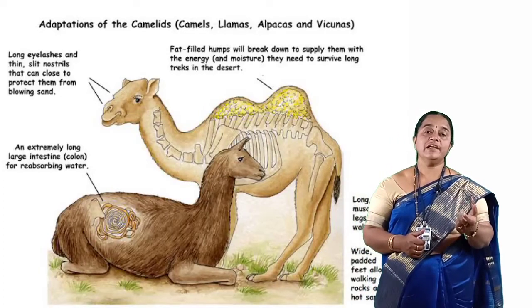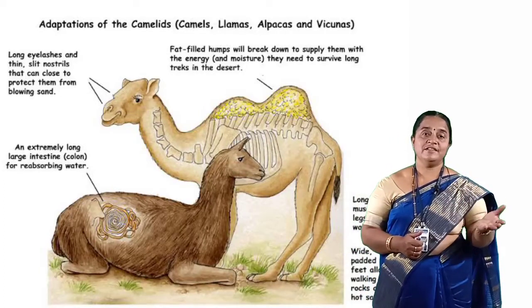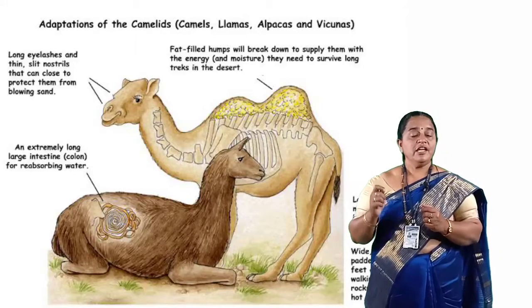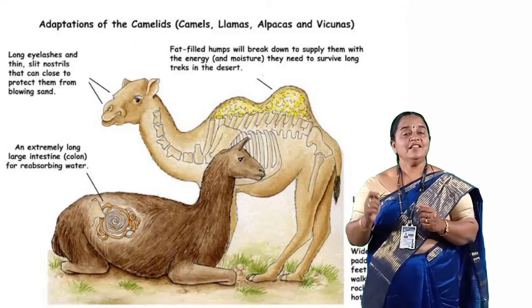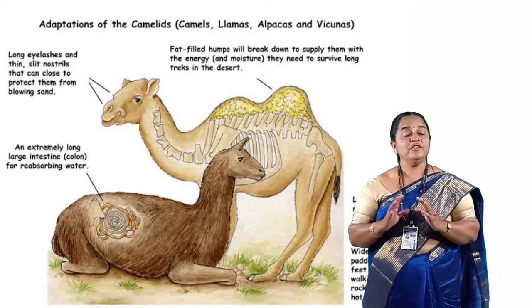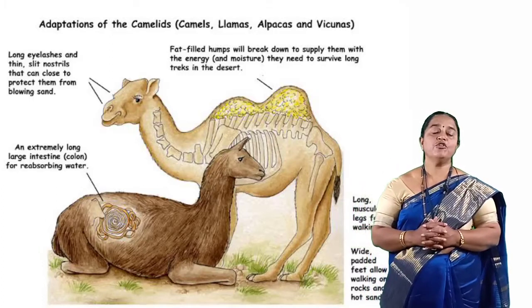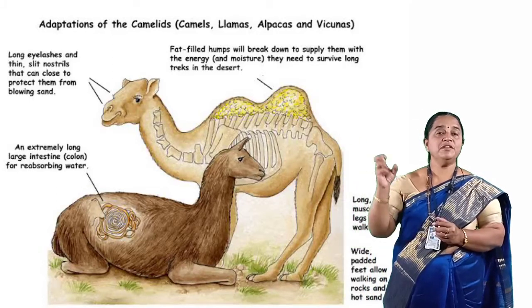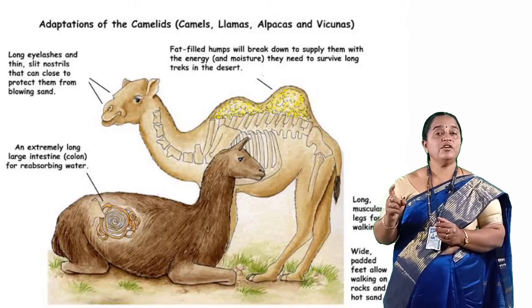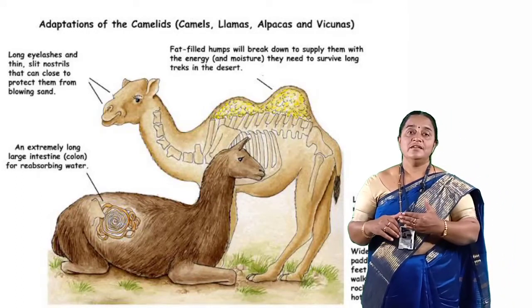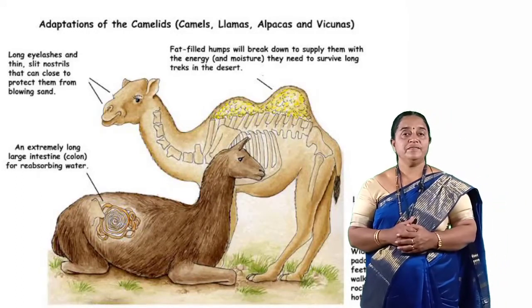They are uricotelic. They excrete uric acid. Even if they urinate, they will urinate on their legs because in the skin area they have hygroscopic glands which absorb the moisture, convert it into water droplets and diffuse it inside the body.